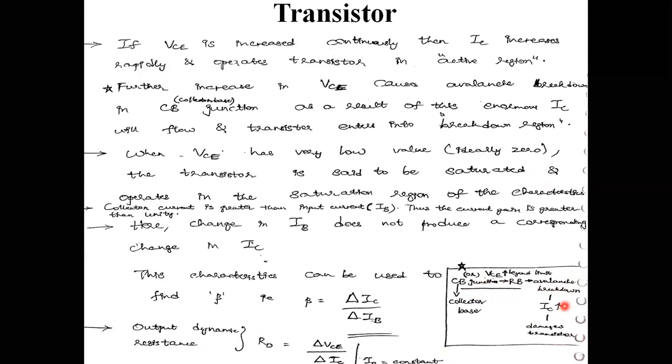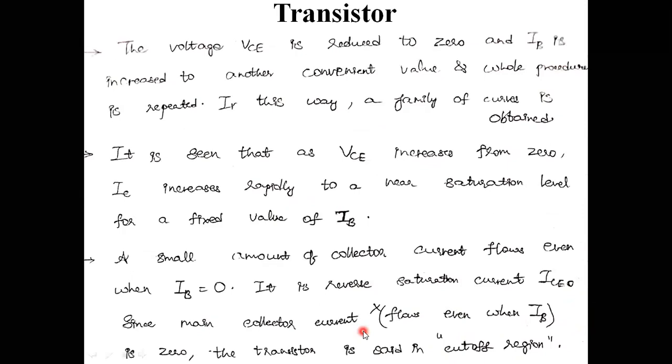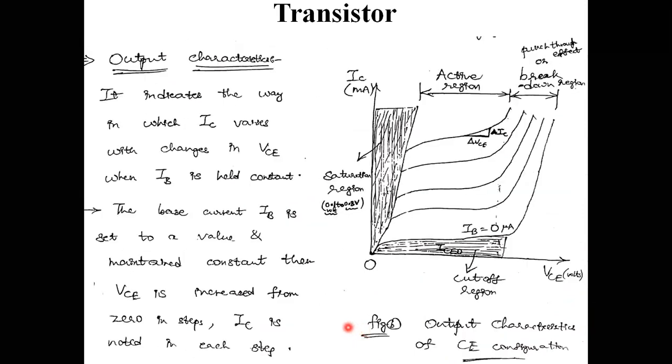In some cases VCE is also increased beyond the limit. If we increase VCE beyond, then IC is going to increase beyond, and it will affect the transistor and damage it. Like that we can come across such cases. In this way we obtain the output characteristics here.